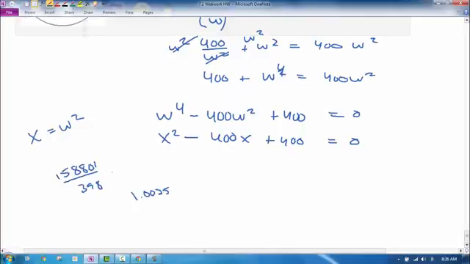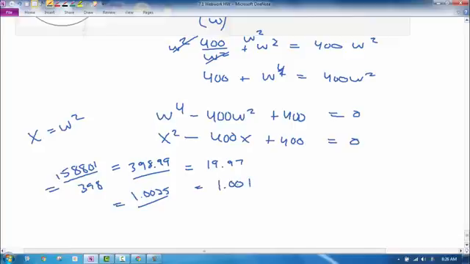All right, I got these 2 answers. This one right here, which I had to do on the calculator, it came out to 398.99, that rounded. And I got this one here. So I took the square root of both of them, and this one gives me 19.97 about, and the square root of this one gives me about 1.001. So there's my 2 answers.